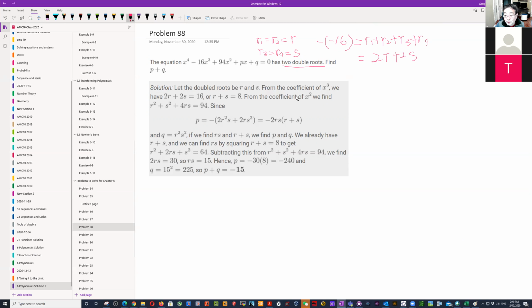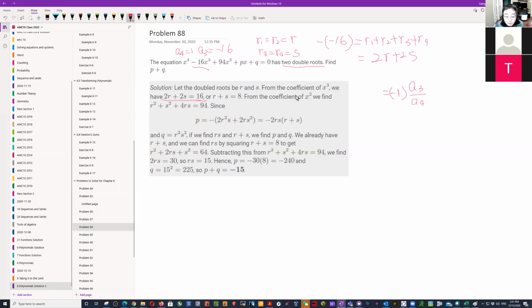How does 16 come about? Here a4 is equal to 1 and a3 equals negative 16. The sum of the roots is equal to negative 1 times a3 divided by a4, where a4 is the leading term. So this is how this expression comes about.